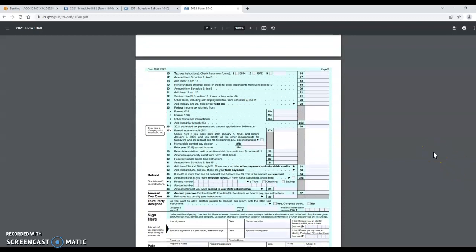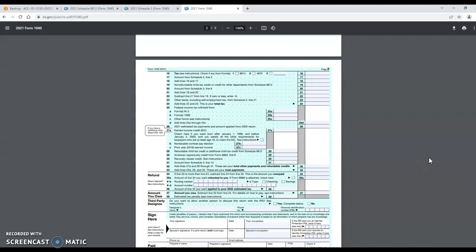There are two places where the child tax credit or credit for other dependents can go. One is line 19. That's if you're using it as a non-refundable credit. In 2020 and in 2022, you first use up whatever of the credit you can as a non-refundable credit, and then you fill out the 8812 to see if you can maybe get extra that would be refundable.